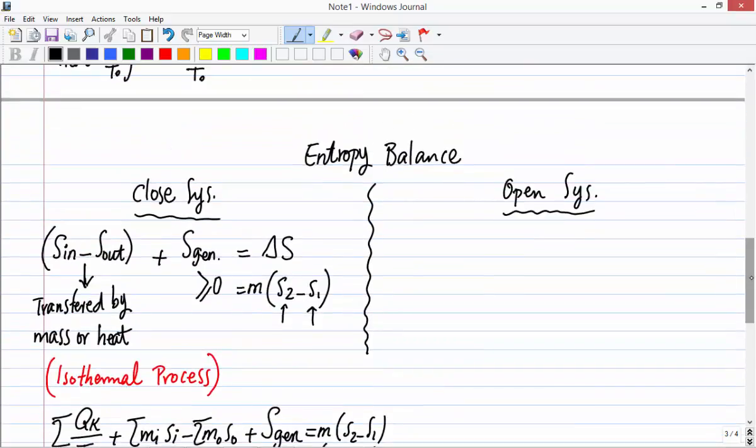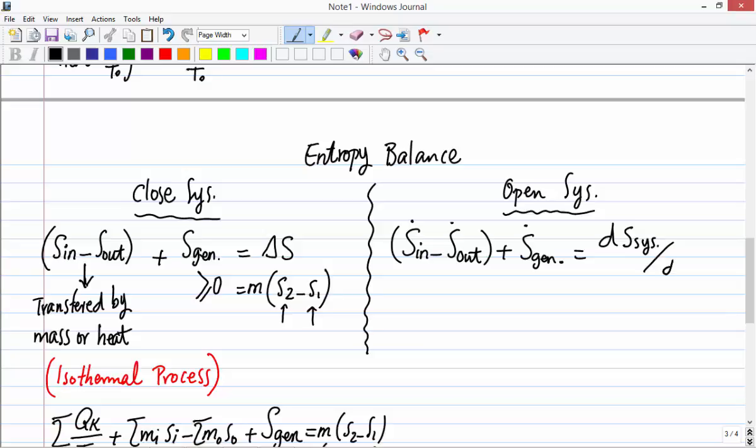And if we have an open system, it would be the same. We just have the dots. So S dot going into the system minus S dot leaving the system plus the rate of entropy generation equals the rate of change in total entropy of the system per time.